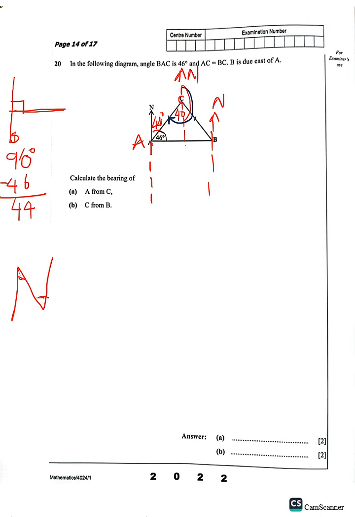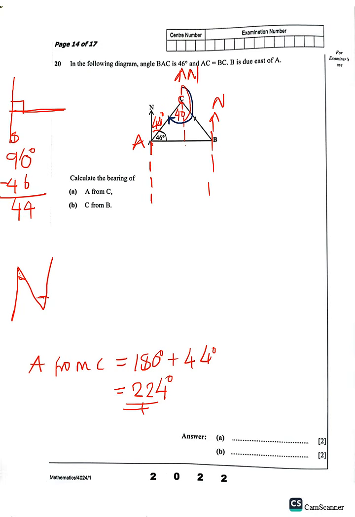So the answer for number 1, A from C is equal to 180 plus 44, which gives us 224. So 224 is our final answer for the first part.